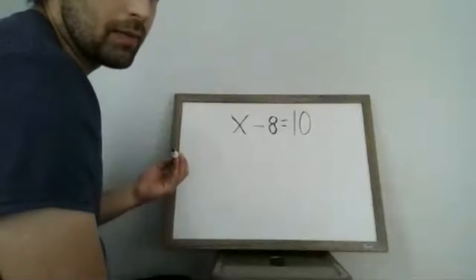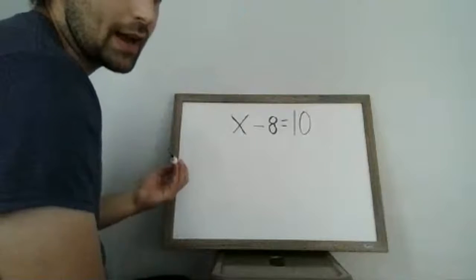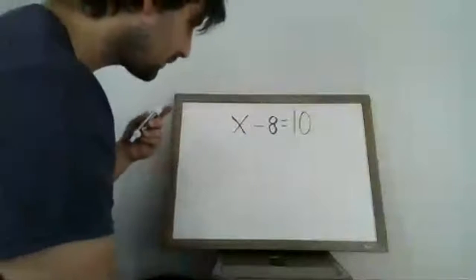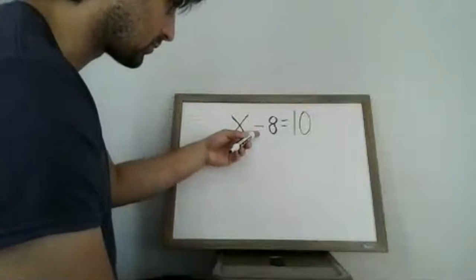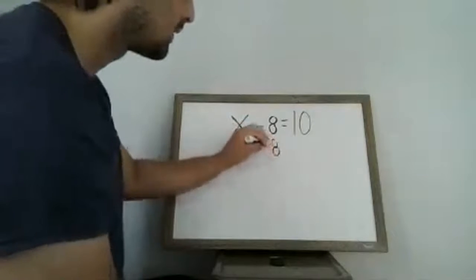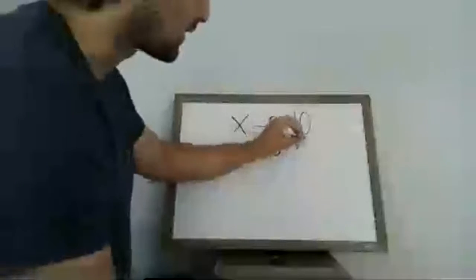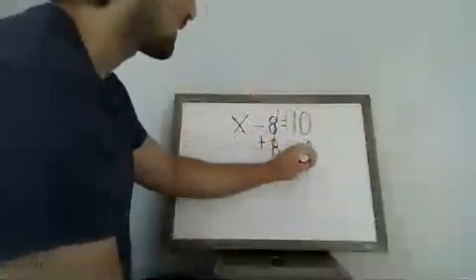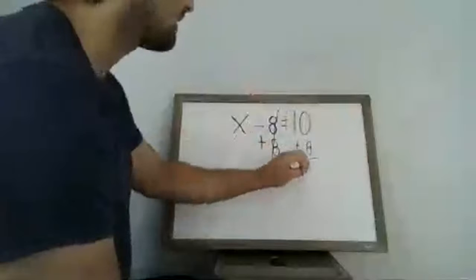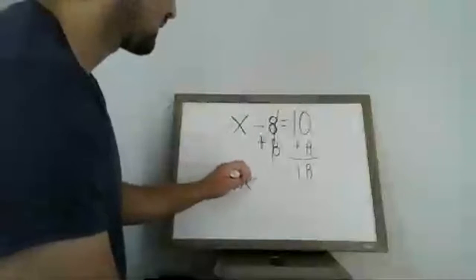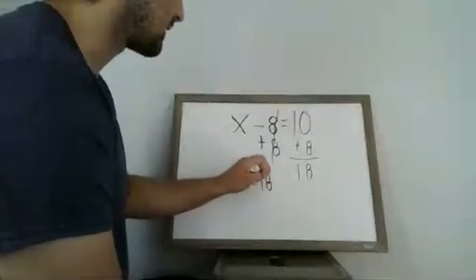If the operation is subtraction, we add. So here, since the operation is subtraction, we're going to add 8. Plus 8, plus 8. 10 plus 8 equals 18. X equals 18.